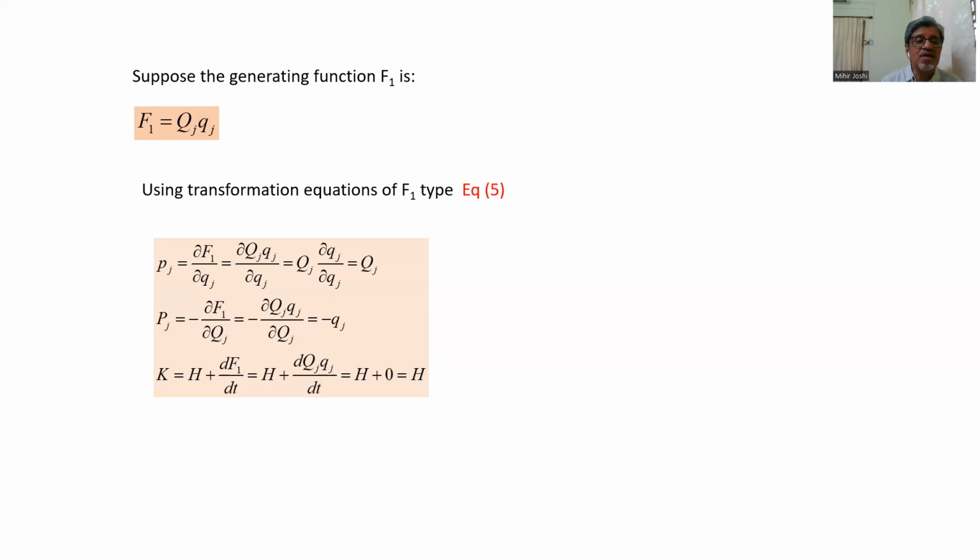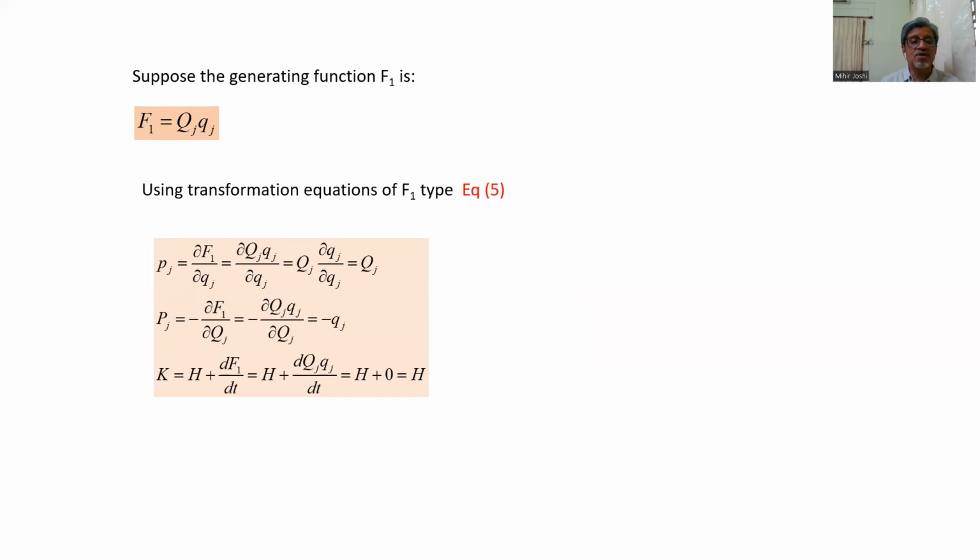And similarly, Pj is equal to minus ∂F1/∂Qj, putting the value, minus ∂(Qj qj)/∂Qj. So ∂Qj/∂Qj is 1. So it is equal to minus qj. So in this transformation, we have small pj equal to capital Qj, and capital Pj is equal to minus small qj.